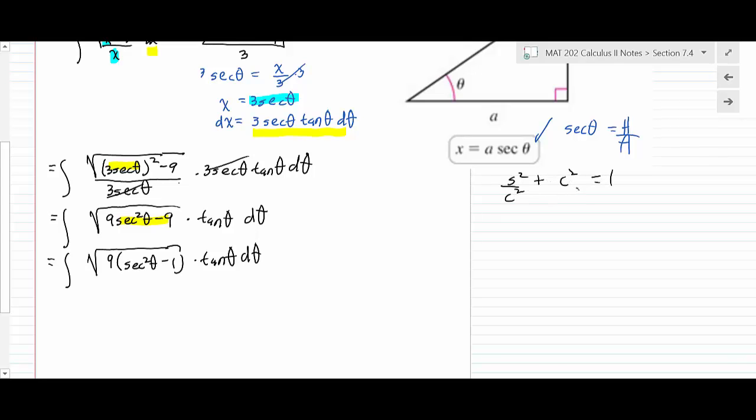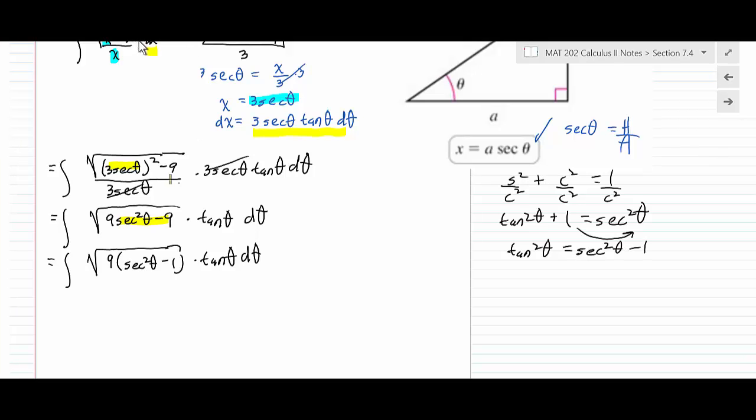This is what I do: I divide by cosine squared, so I get tangent squared theta plus 1 equals secant squared theta. One of these days I need to crack down and remember that. So I'm going to move the 1 and get tangent squared theta equals secant squared theta minus 1.